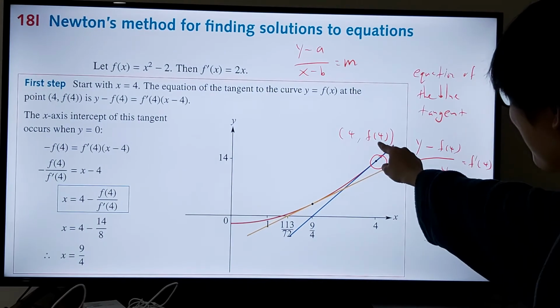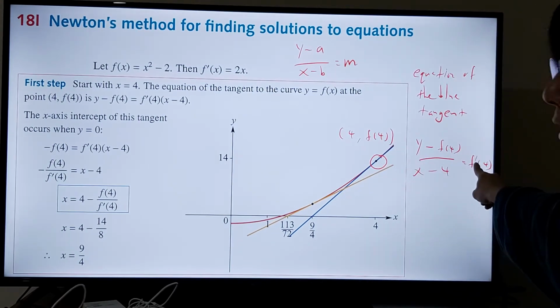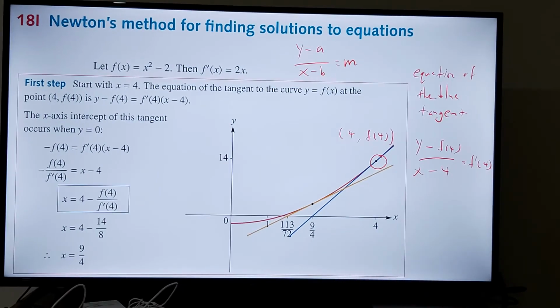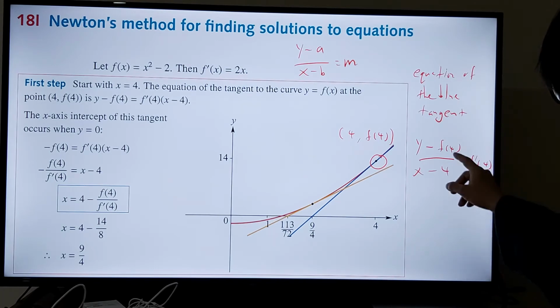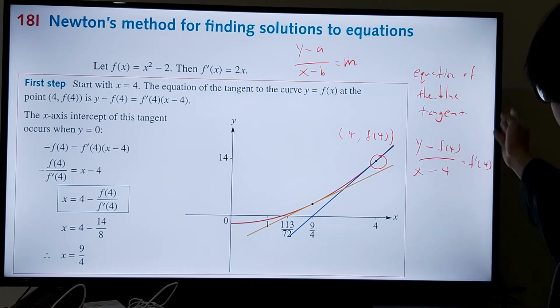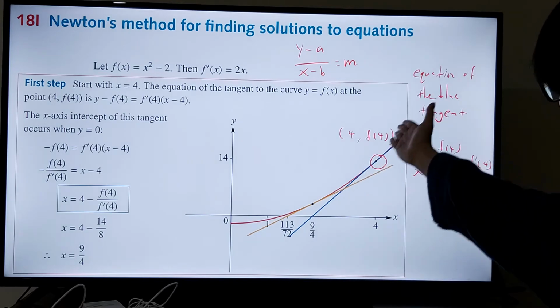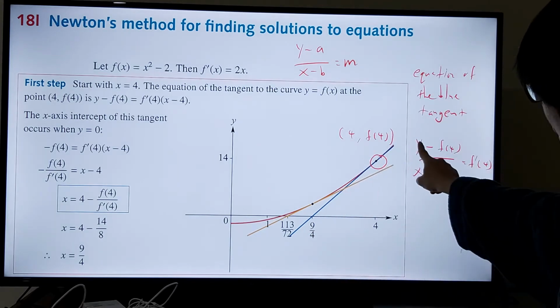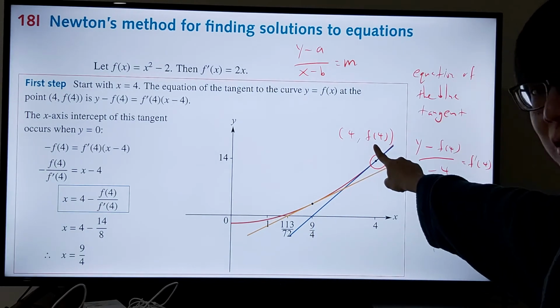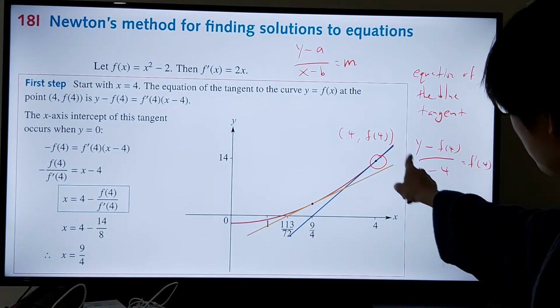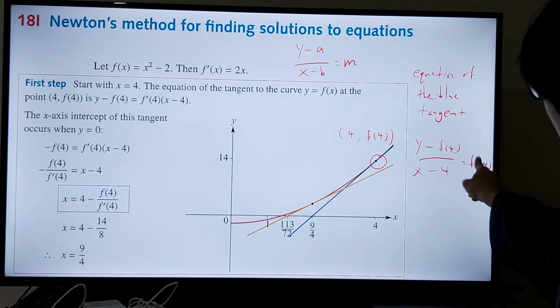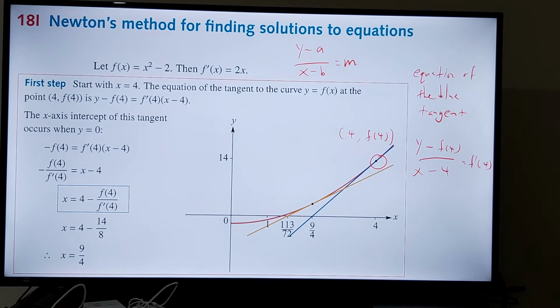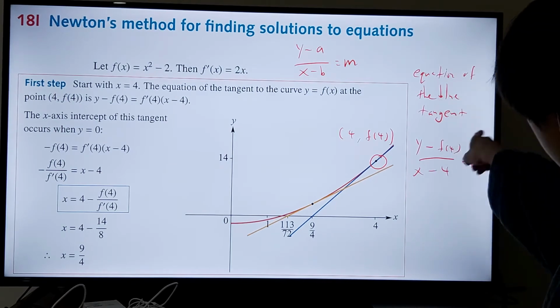Then you substitute x equals 4 into that gradient function, and you get the actual gradient. Therefore, this is the formula of this tangent: y minus this, divided by x minus this, equals the gradient, which is f prime(4). So this is actually the equation of this blue tangent.